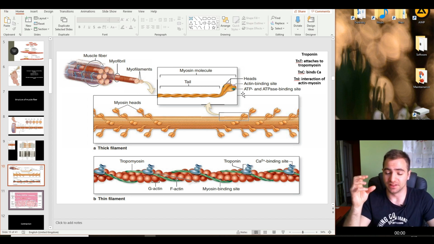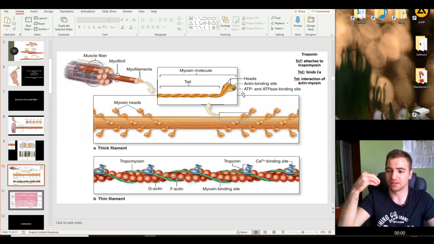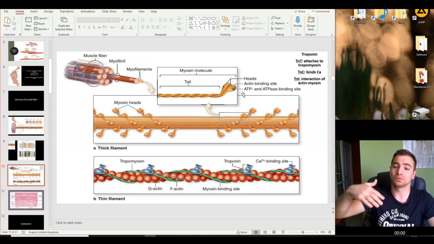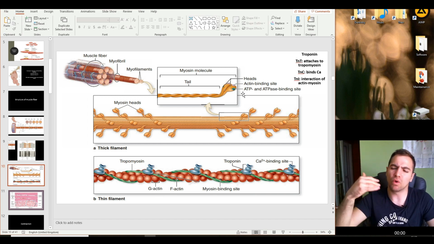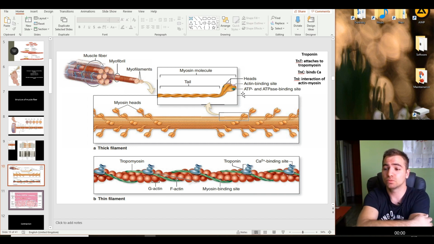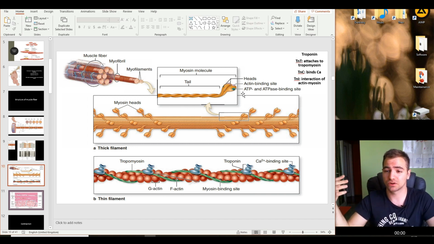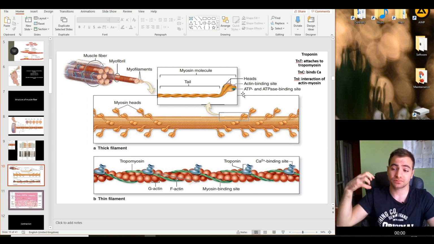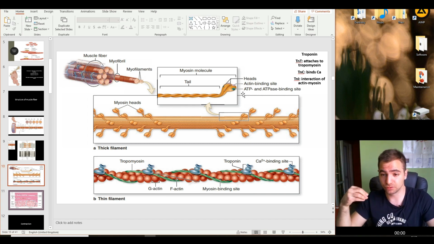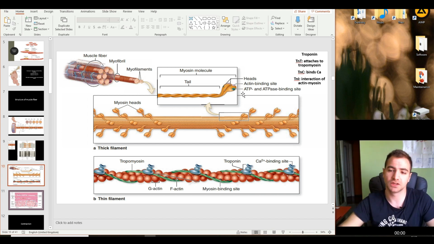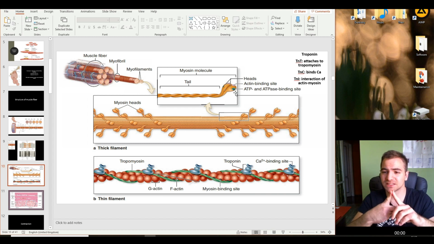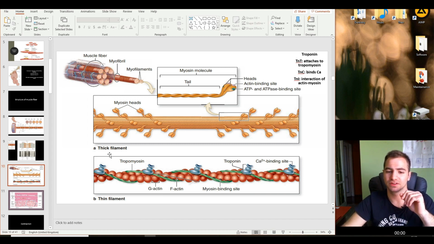So these heads contain the sites where the thick filament will bind to the thin filament. Why? We'll see why. But at this point, just know that the thick has higher molecular weight, it's thicker, and of course contains a full portion of myosin heads. Myosin heads again contain the two different portions that we really care about, the ATP binding site and the actin binding site.